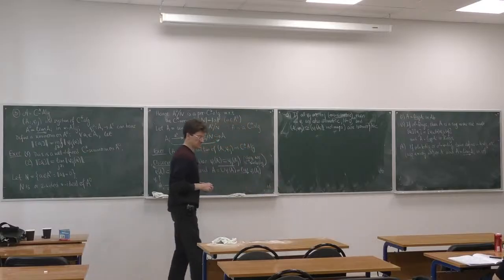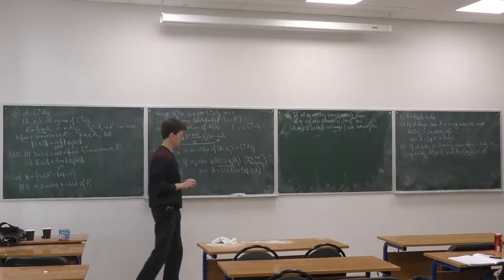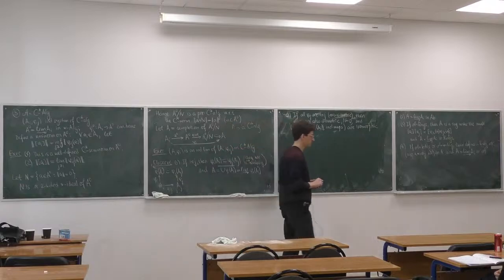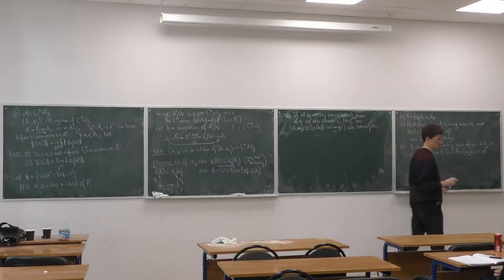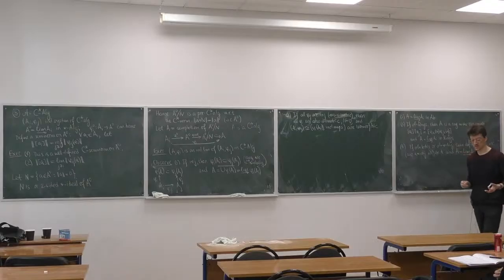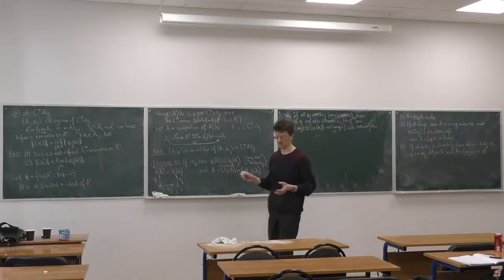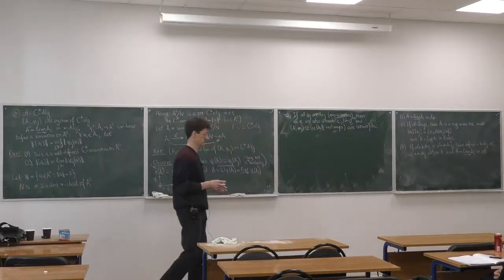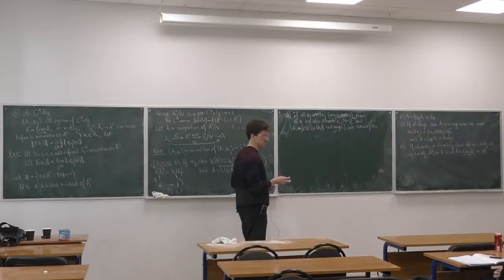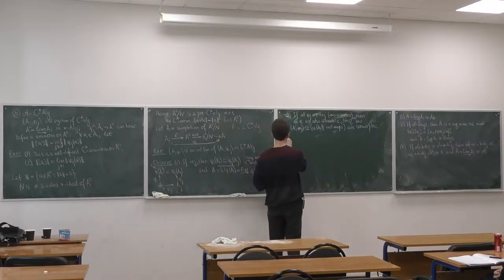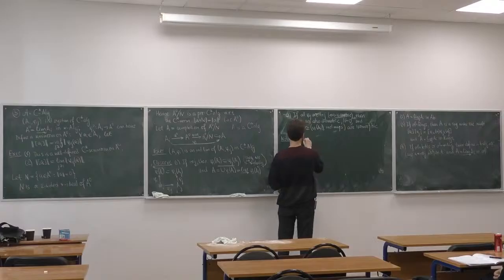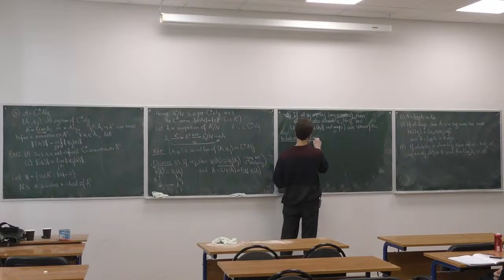We will often work with inductive limits in two categories, namely in the category of C-star algebras and in the category of abelian groups. So in general, the inductive limits in these two categories are not the same. So the underlying sets and the underlying abelian groups are not the same. So in order to distinguish between these two types of inductive limits, we will sometimes use the following extended notation, namely the inductive limit in the category, for example, of abelian groups will sometimes be denoted like this.